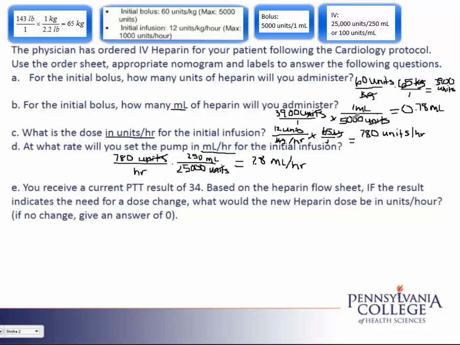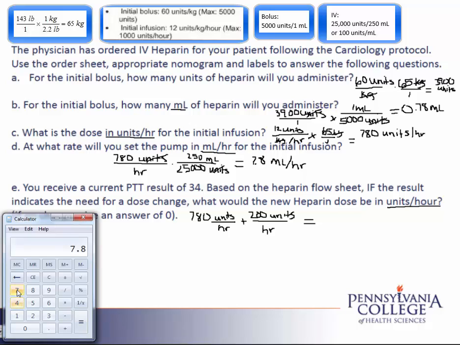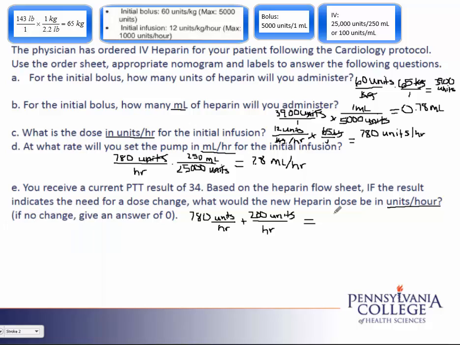In Part C, I calculated that the patient should receive 780 units per hour. I'm to increase their heparin by 200 units per hour. Because these have the same label, these are the two numbers that I can add. The problem asks me for the new heparin dose in units per hour, so all I need to do is the addition. I don't even have to convert to milliliters. And so my new dose of heparin would be 980 units per hour.